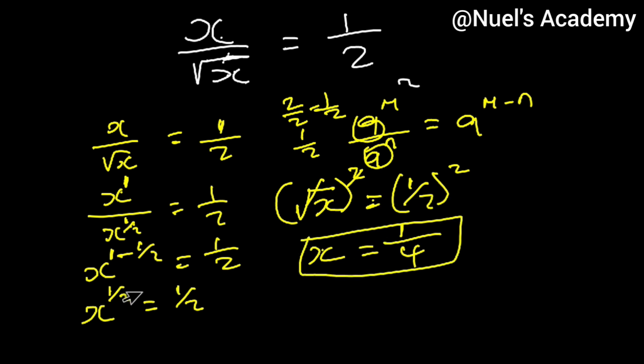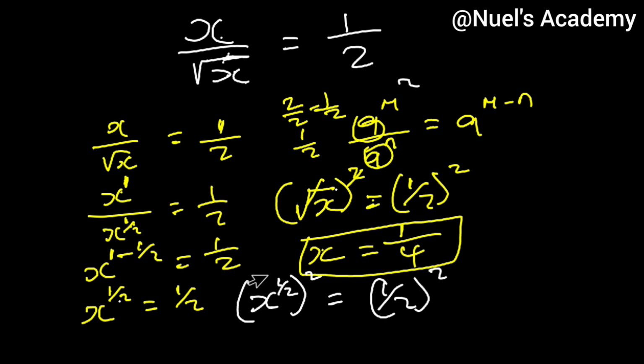Let me show you something from here. Without changing this x exponential half to the radical or square root form, we can go ahead and simplify it that way. So x exponential half equal to half. Now, to remove this exponent, we can square both sides, because according to indices, a raised to the power m, all raised to the power n, can be written as a to the m times n.